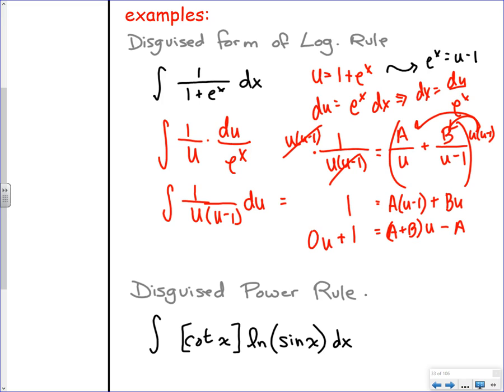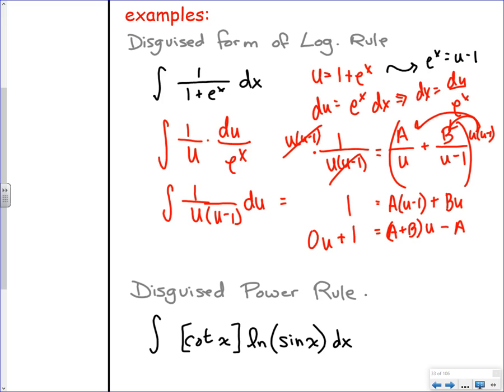I put the u terms together. Okay, a u plus b u is a plus b u. Just think, factor out the u. I put the non-u term on its own. And why did I write a 0u on the left-hand side?